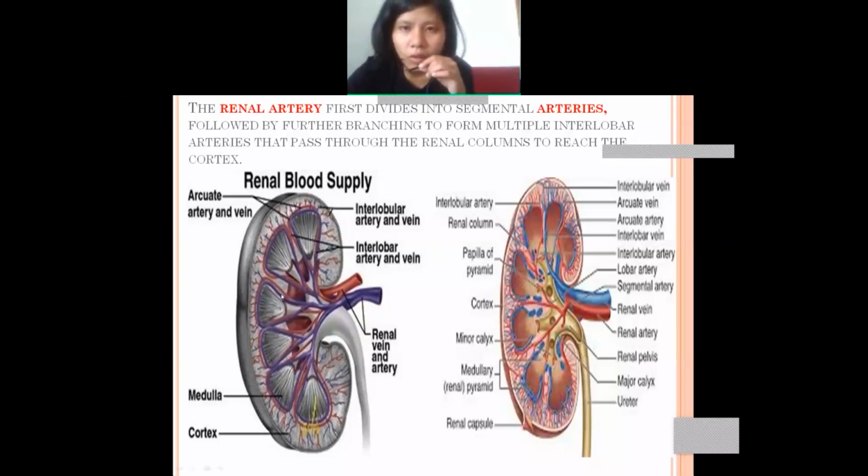And after the renal column, they will go through the cortex. All these places are the cortex. So the blood will go and pass here in the cortex.